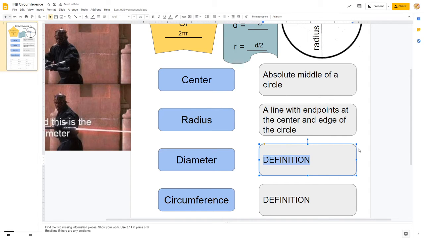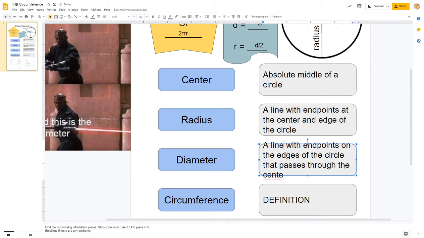The diameter is a line with endpoints on the edges of the circle that passes through the center.